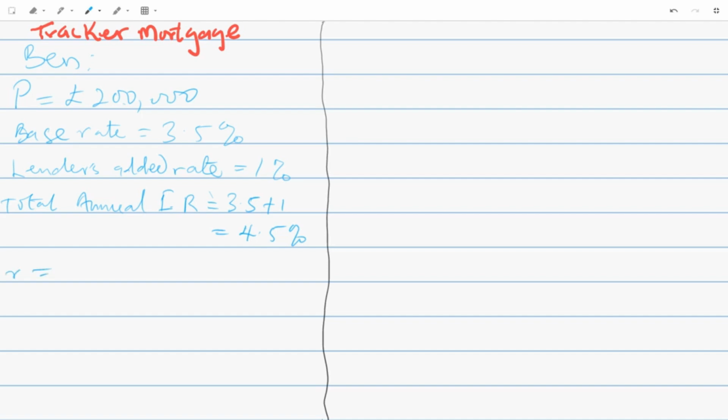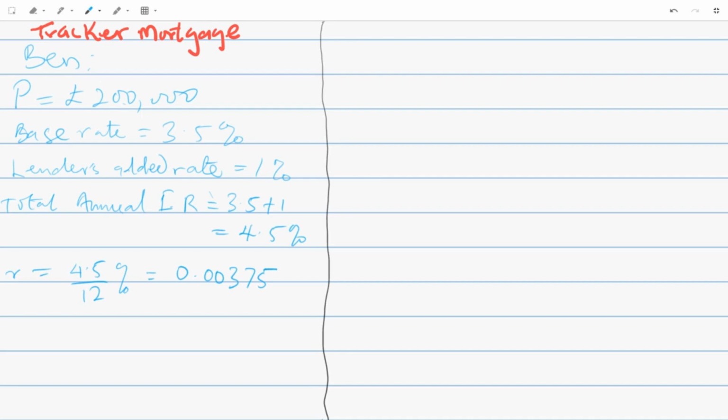So to do that, as we did before in the fixed rate mortgage, we now have 4.5 over 12 percent, and if you do that correctly, you would have 0.00375, I think.